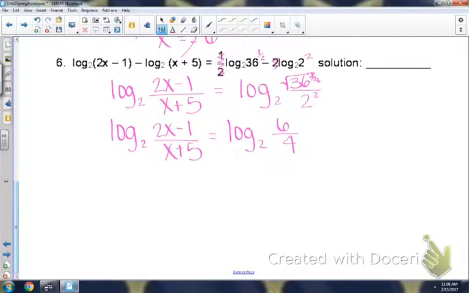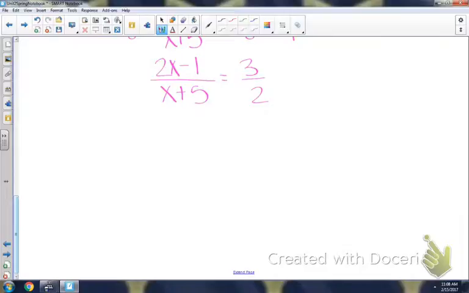Okay, so now we can set our m equal to n. So 2x minus 1 over x plus 5. To make it a little easier for me, I noticed that 6 over 4, I can reduce that to 3 over 2. But if you didn't notice that, you would still get the same answer. Okay? All right, so notice I have two ratios that are equal. That's called a proportion.